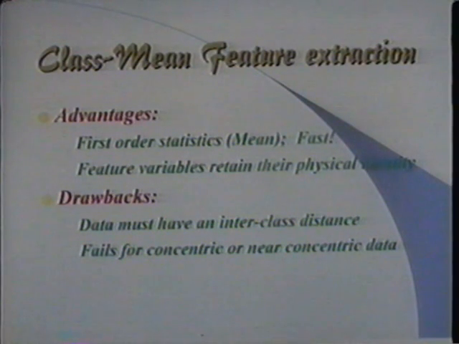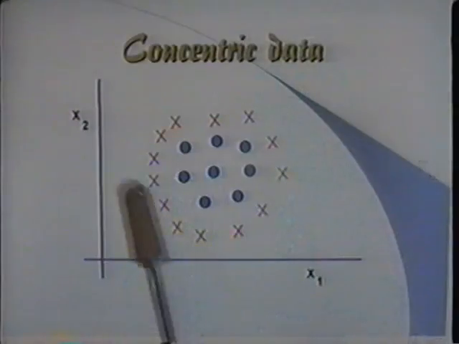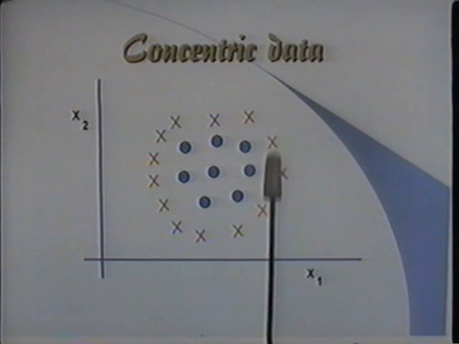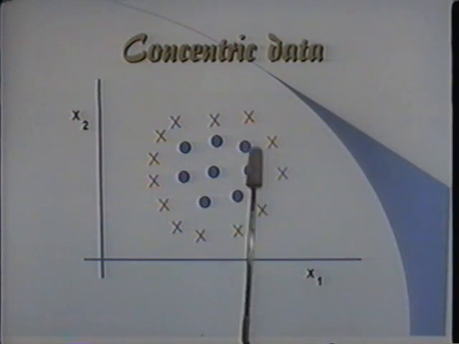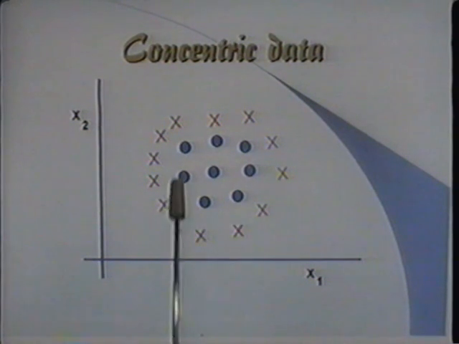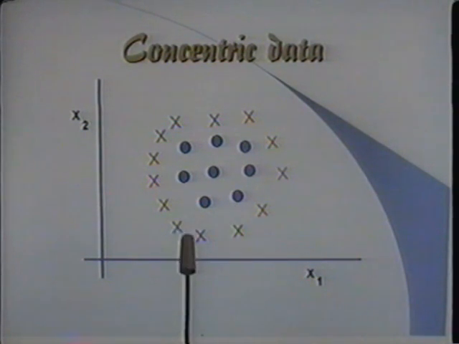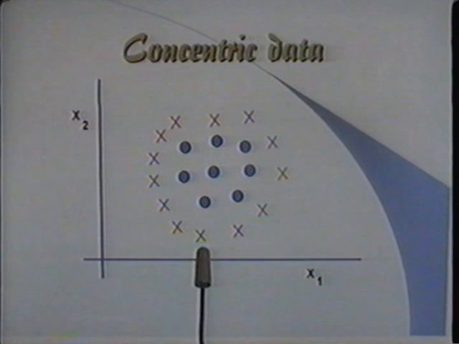The drawback is that the data must have an interclass distance. I'm going to give you an example where this technique might fail. In the case of concentric data, this technique would fail. This is an example where you might have a problem with this technique. In this case, we have data that occupy distinct regions. The data here in the blue region probably occupy class 1, and the red occupies class 2.